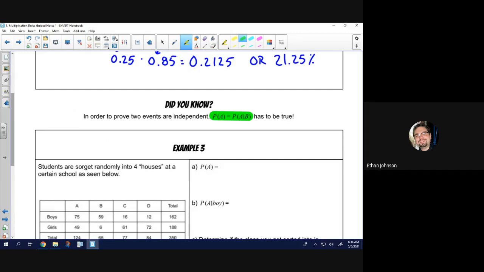The probability of event A has to be equal to the probability of event A given B. Both of those have to be true. Now, when we deal with probabilities, we've always dealt with them as a fraction. Well, it's hard to compare fractions with different denominators or different bottoms. So we're probably going to have to, for comparison's sake, put them as a decimal.